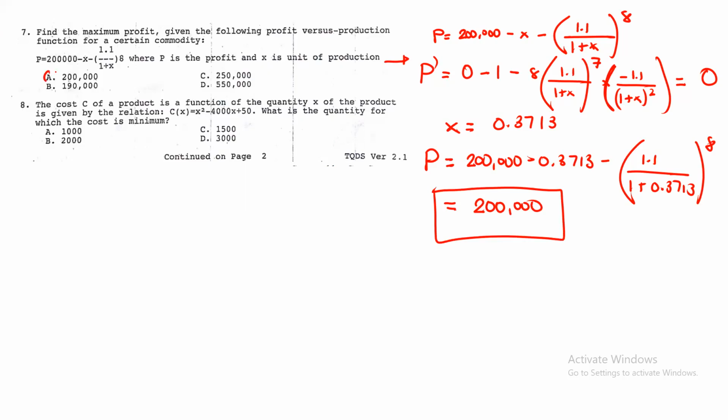So the answer is letter A. So that's all there is to it. When you are asked for the maximum profit, first take the derivative of the profit formula, equate it to 0, then you get X. Then substitute it again into the formula to get the maximum profit.